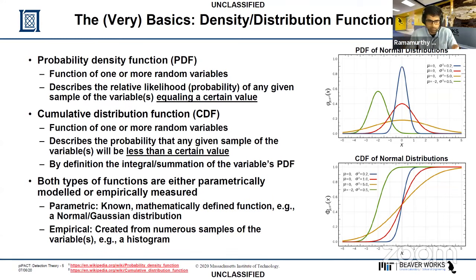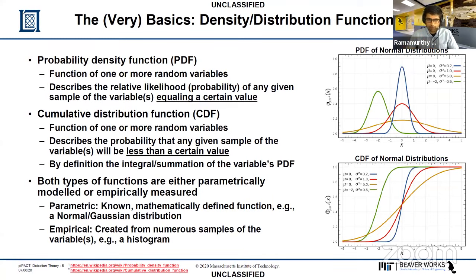I know it's a little bit circular logic, but the idea is that every time we observe this variable, it has a likelihood or probability of assuming a certain value, and what that likelihood is depends on the nature of the variable. The way we capture this randomness or variability is with these two functions: the probability density function and the cumulative distribution function, or PDF and CDF respectively.